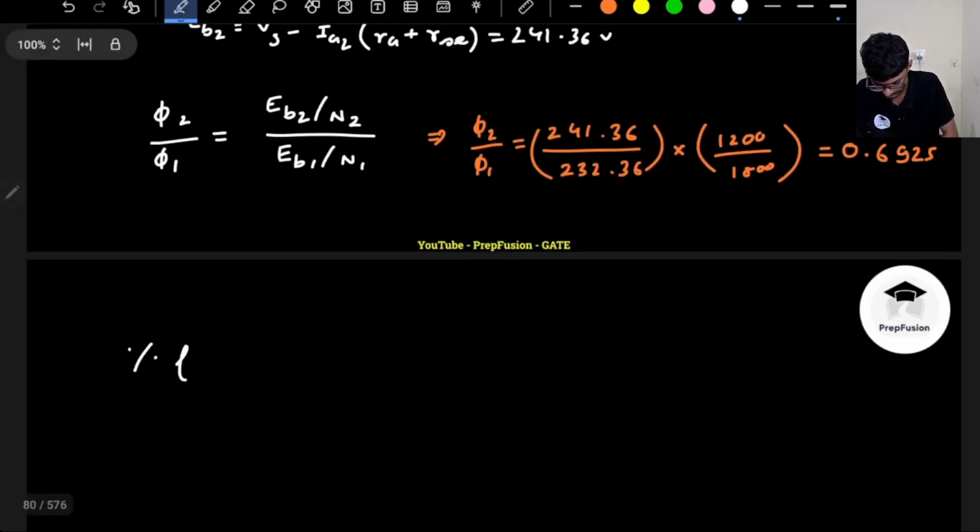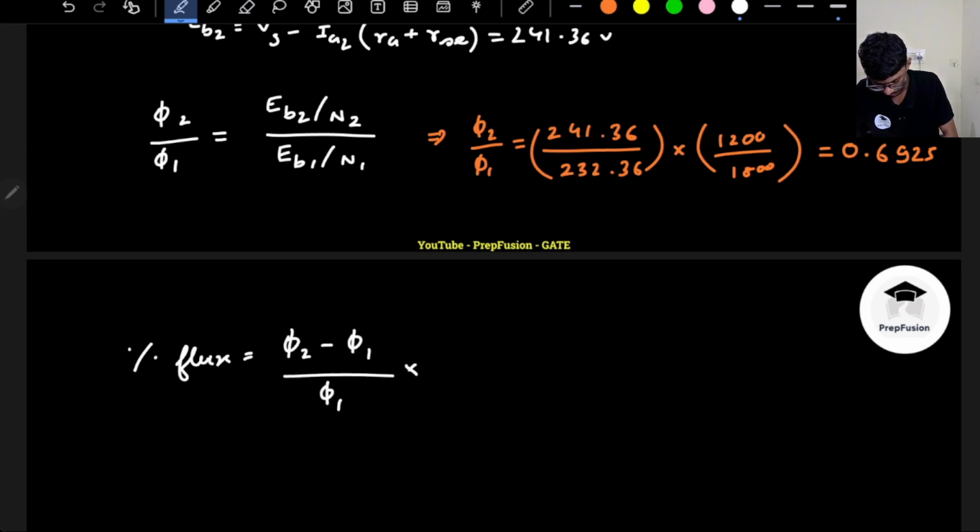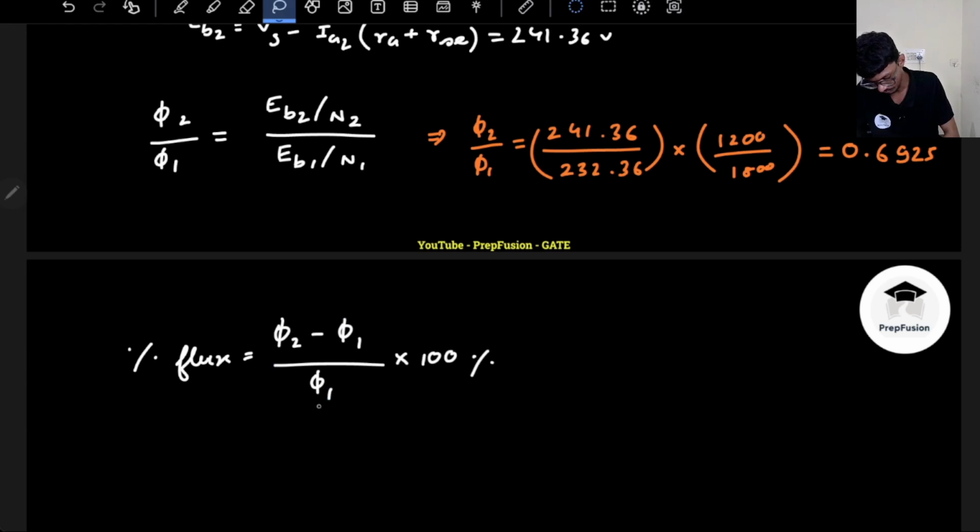Okay, so I can simply find the percentage change. Percentage change in flux will be phi 2 minus phi 1, divided by phi 1, into 100%. Since phi 2 is 0.6925 of phi 1, the flux will reduce.